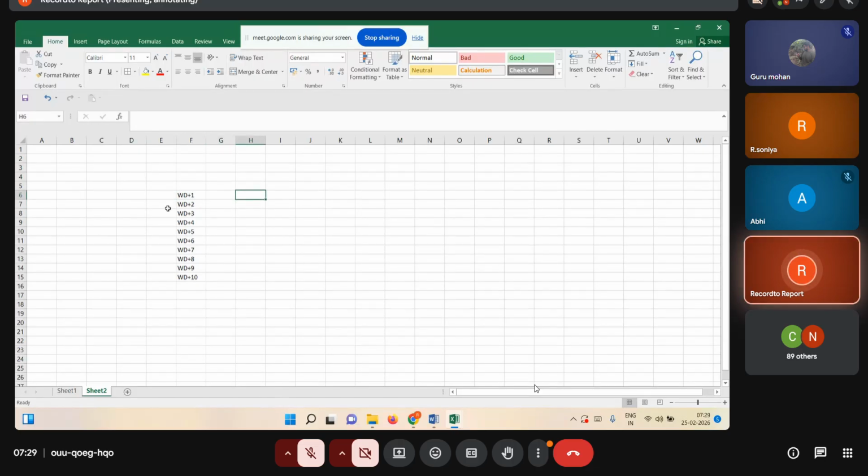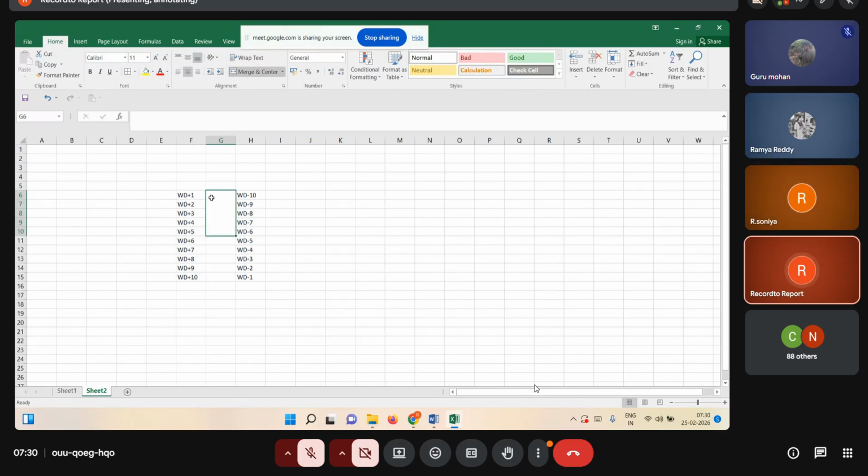So first it starts with ascending order, then it will start with descending order: WD minus 5, minus 4, minus 3, minus 2, minus 1. So it starts with plus 1 and ends with minus 1.